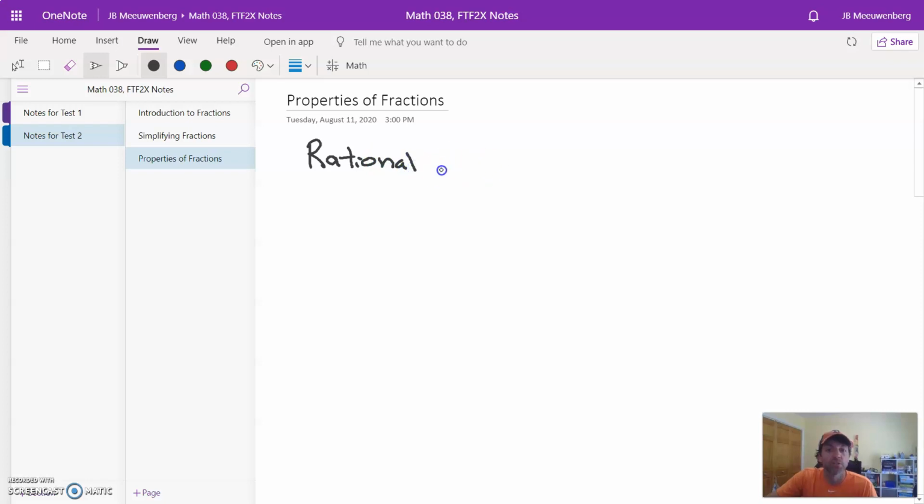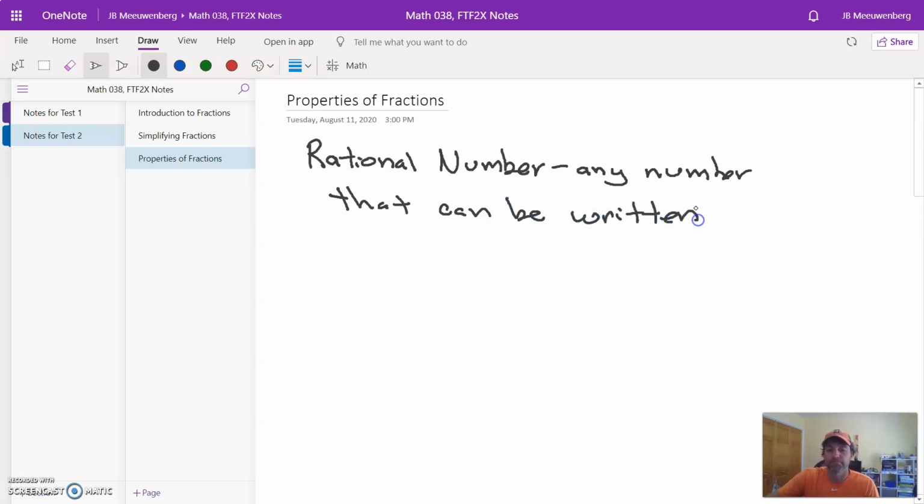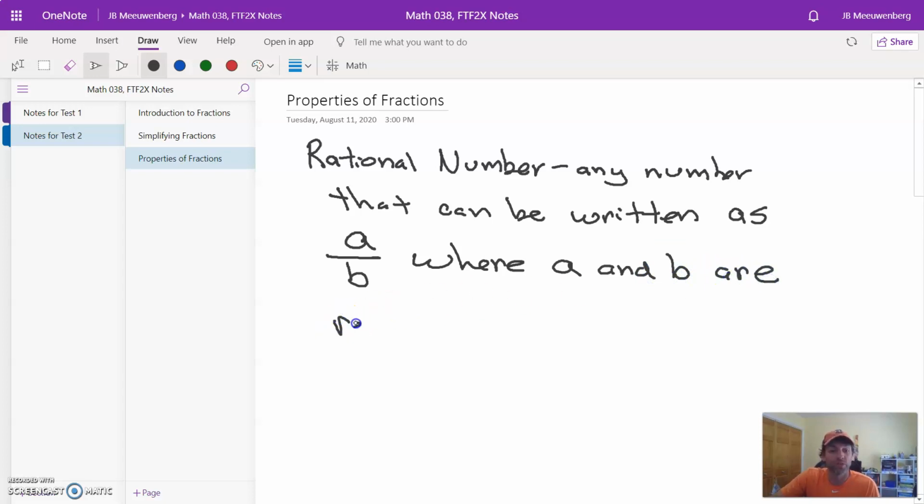A rational number. Okay? A rational number is any number that can be written as A over B, where A and B are real numbers and B does not equal 0.